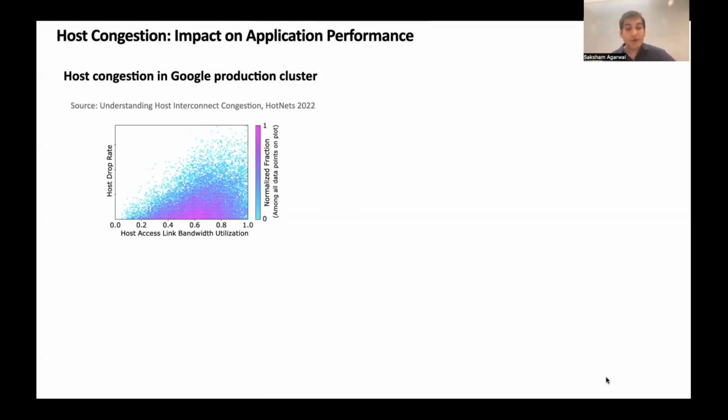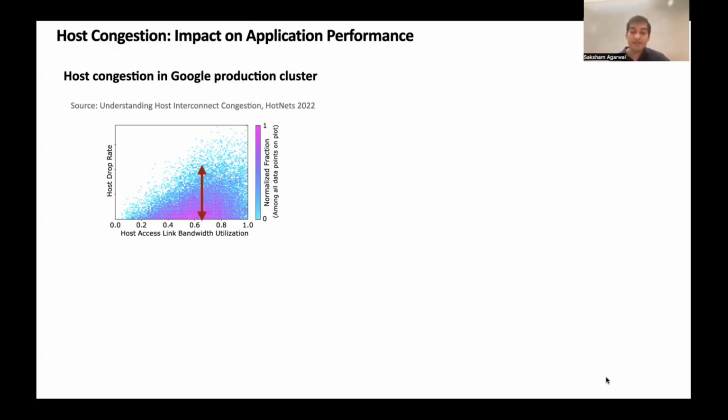The colors on the scatter plot denote the density of the sample points, with purple colors indicating larger fraction of samples. This study showed that even with state-of-the-art congestion control protocol and state-of-the-art user space network stack, the hosts in Google production clusters observe significant packet drops even when the link access bandwidth was far from saturation.